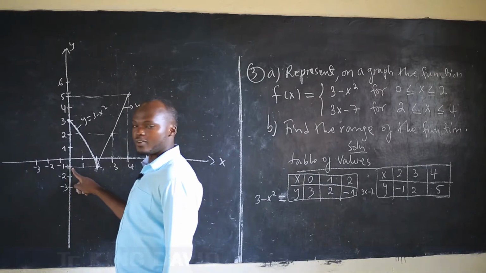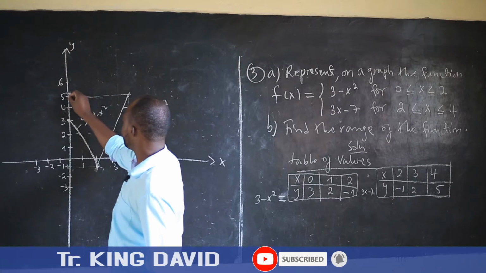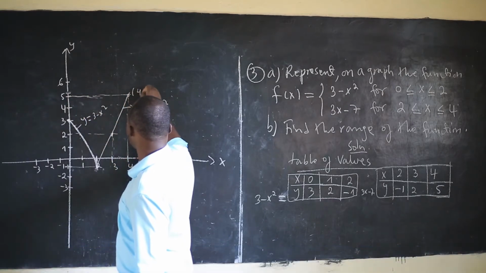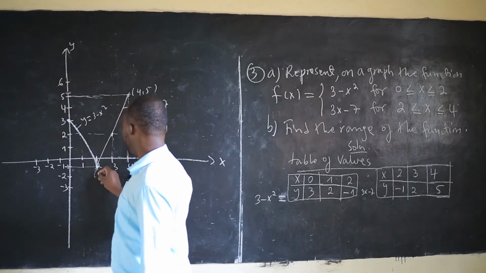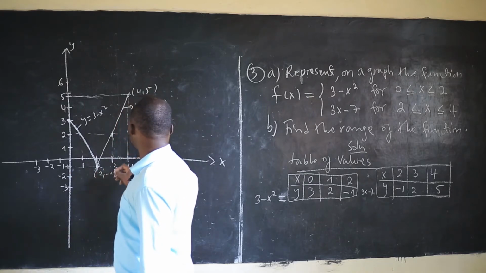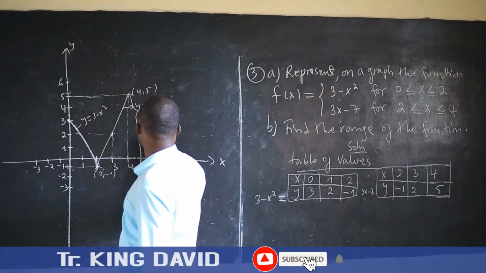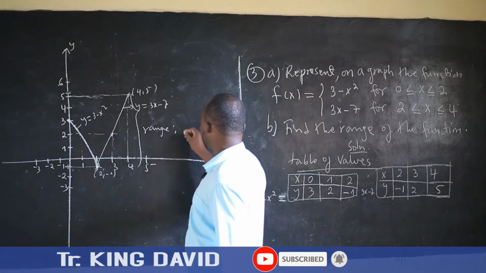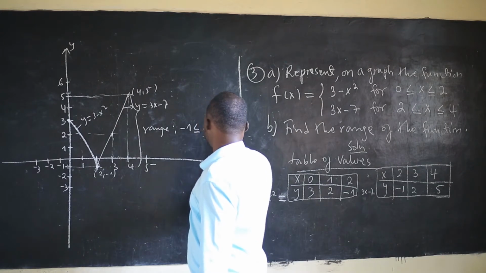The range is from negative 1. The maximum value we have there is 5, because this is 4, 5. The minimum is at 2, negative 1. So the range is negative 1 less than or equal to f of x less than or equal to 5.